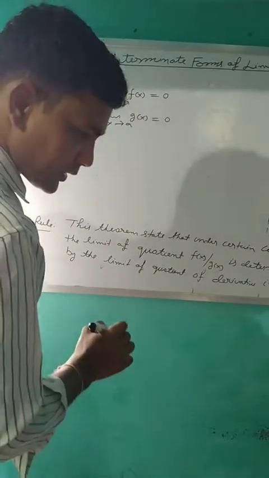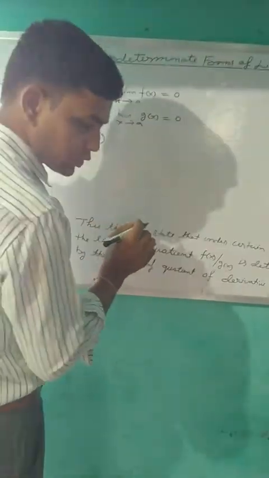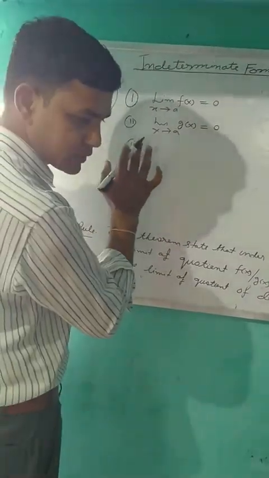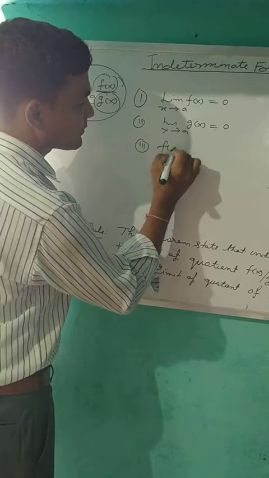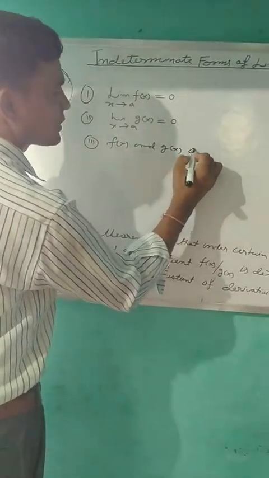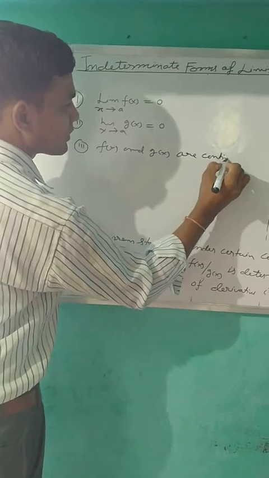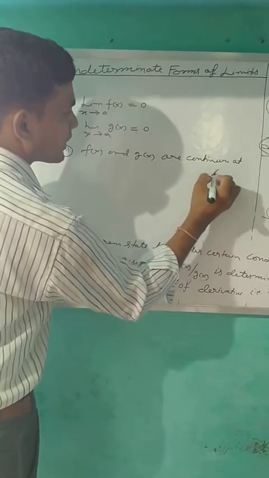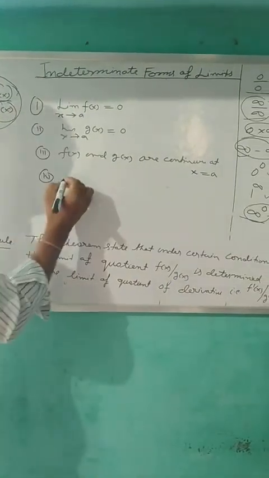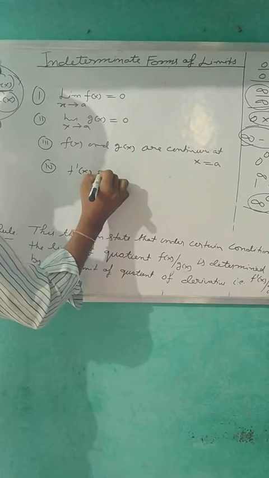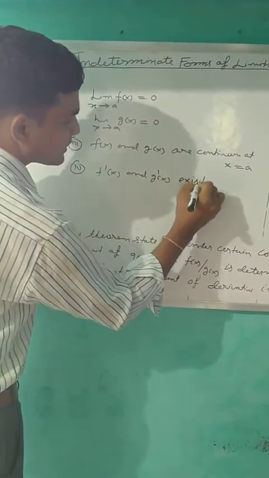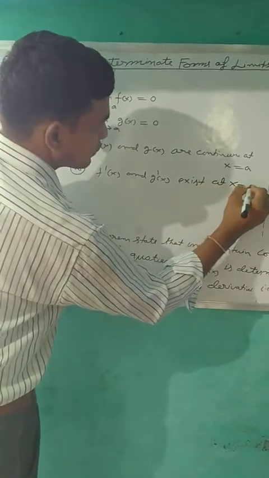Third, both functions f(x) and g(x) are continuous at x equal to a. And the fourth condition is that f'(x) and g'(x) exist at x equal to a.